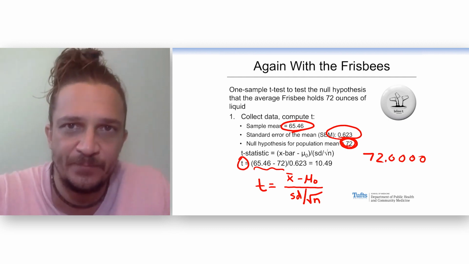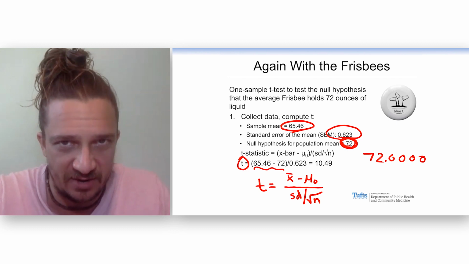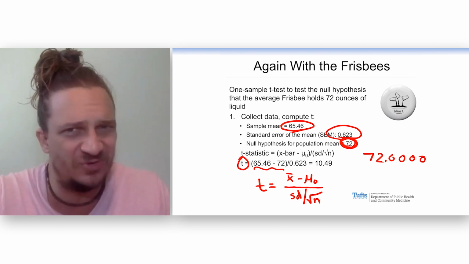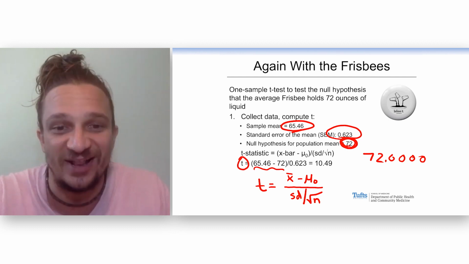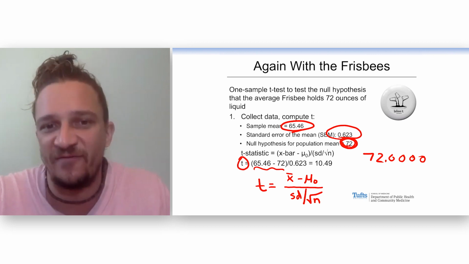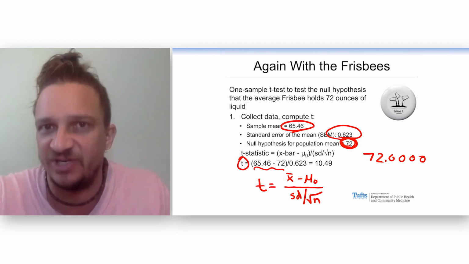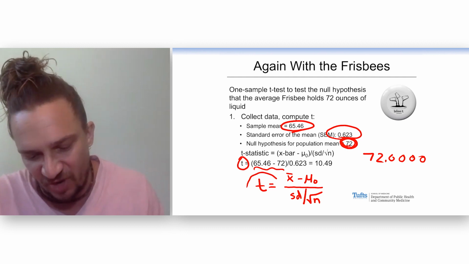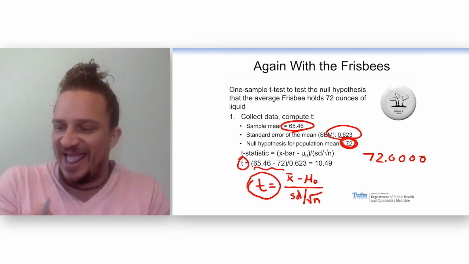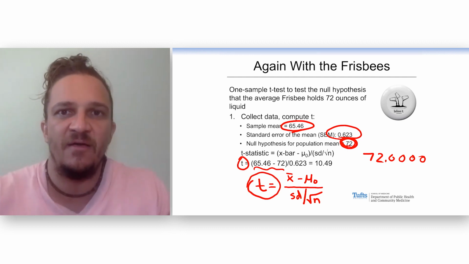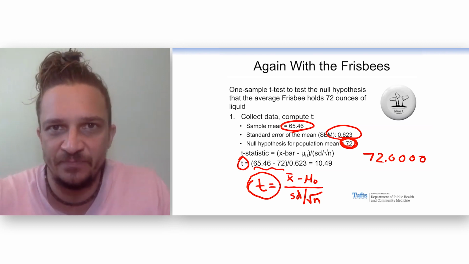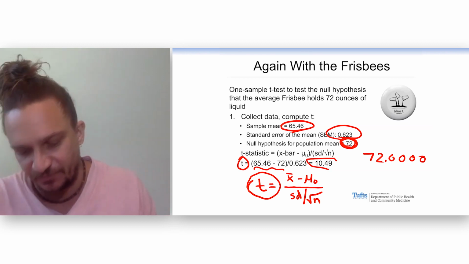No, that would be weird. There's going to be some random variability. How much would that mean bounce around? That's what the SEM is. It quantifies how much random variability there is by chance. So the T statistic really does summarize how many SEMs my mean is from that hypothesized mean. And in this case, we see that it's 10.